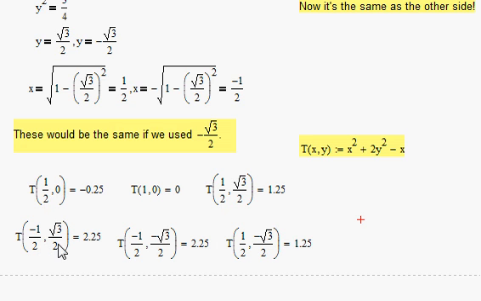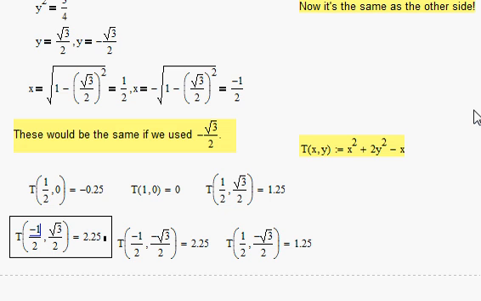If x is negative a half, what changes? This is still 1/4, but now this is going to become plus a half. And y, given as square root of 3/2, when you square it, you still get 3/4, so 2 times 3/4 is 3 halves, so we have 1/4 plus 3 halves, call it 6/4, so that's 7/4, and then minus x, which is negative a half, so that winds up being plus another half.